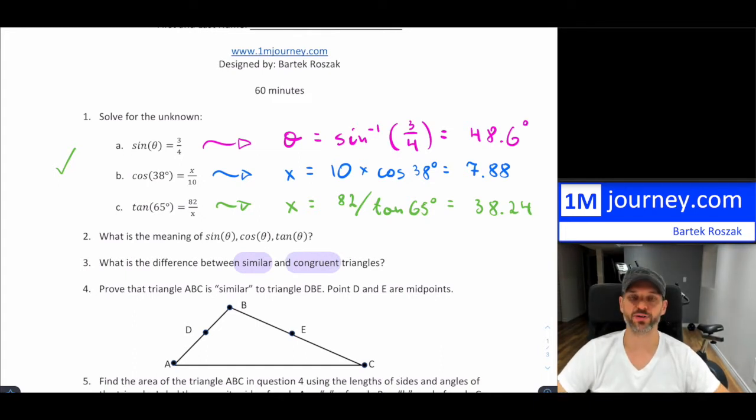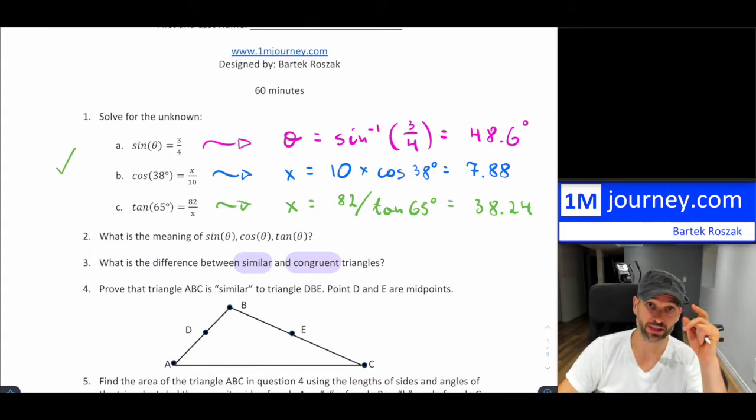What is the difference? First, congruent triangles means that they are identical. So if you have a triangle 1 and then you are given another triangle 2, that means that if they're congruent, all their sides will be equivalent to each other, and then all the angles will be equivalent to each other as well.